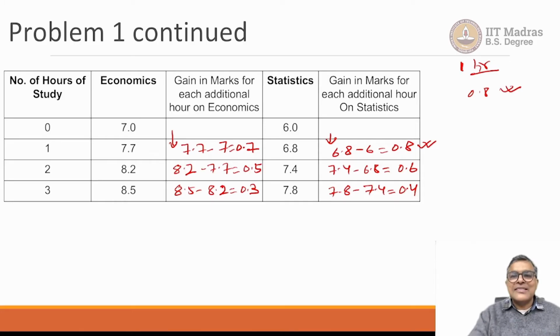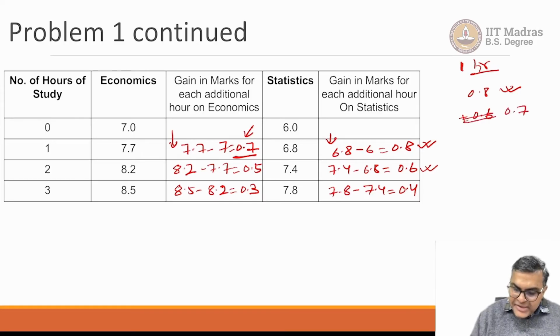How about the second hour? Should you devote the second hour to stat? If you devote the second hour to stat, you would receive 0.6 marks extra, but that is less than 0.7. So the second hour should go to economics because there the addition is 0.7 marks.